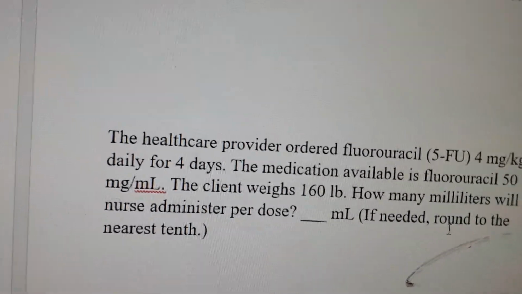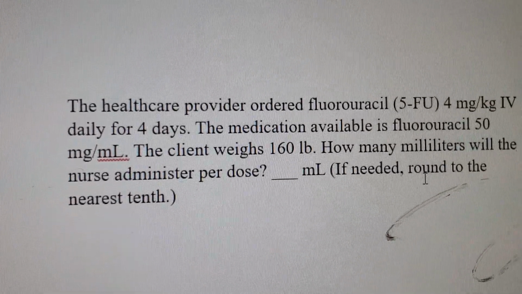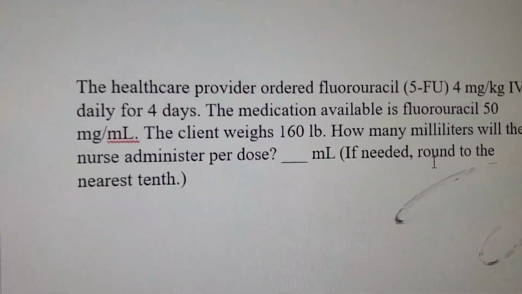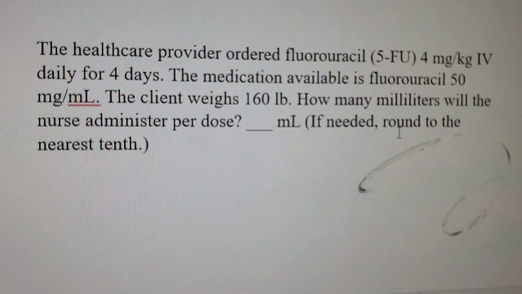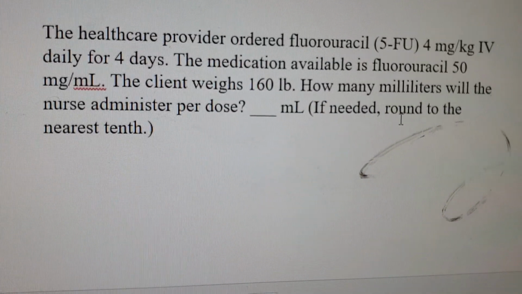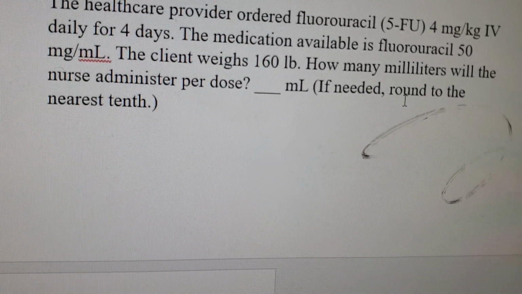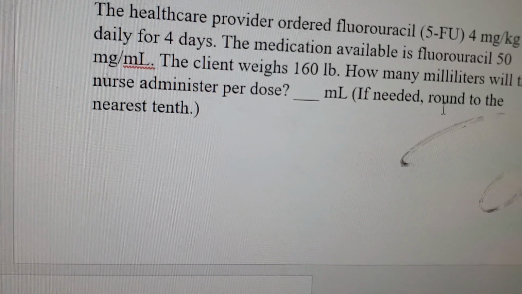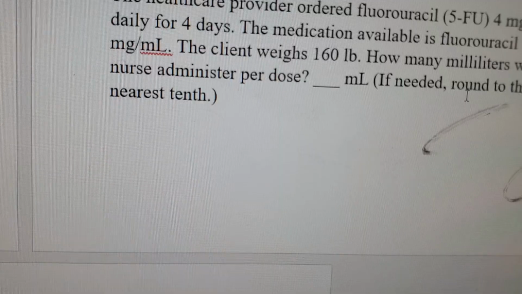Okay. The healthcare provider ordered fluorouracil, 4 milligram per kilogram daily for 4 days. The medication available is fluorouracil, 50 milligram per ml.